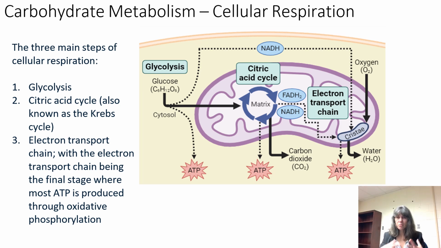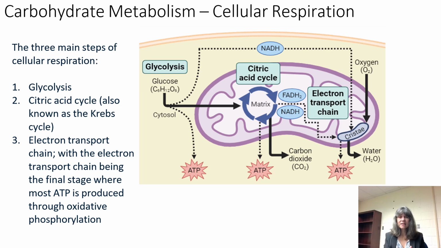So with the process of cellular respiration, producing a lot of adenosine triphosphate with the use of glucose and oxygen, understand that there are three main steps of this process that we call cellular respiration. The first is glycolysis. In glycolysis, we're taking a molecule of glucose and breaking it down.